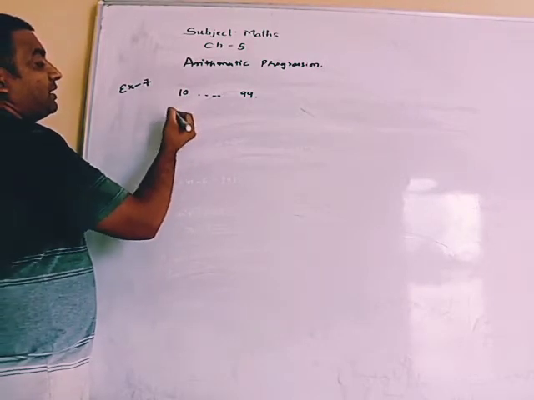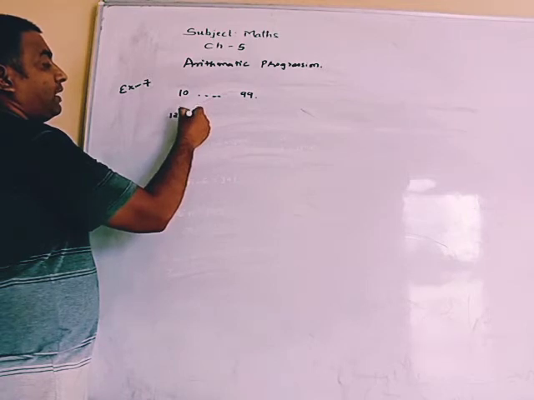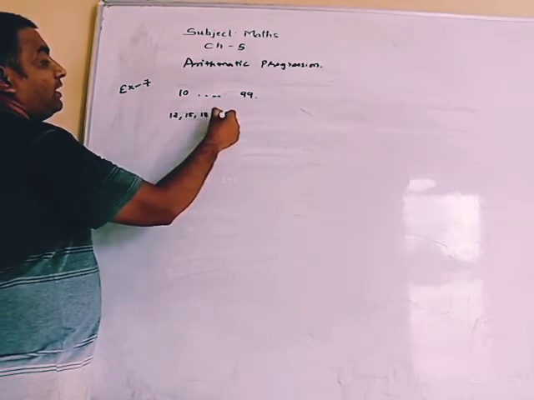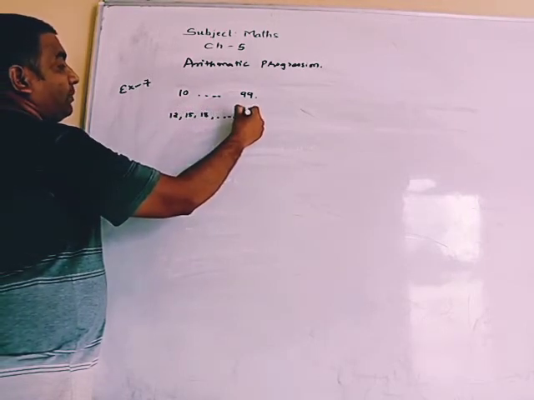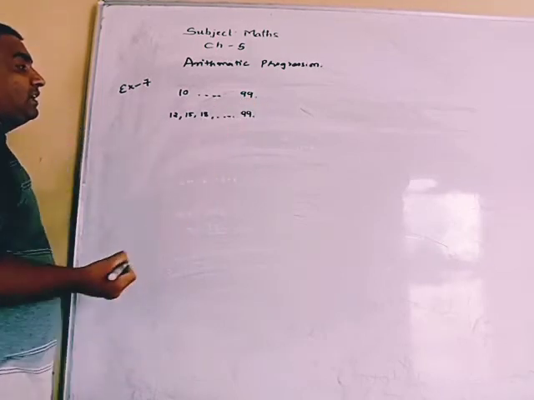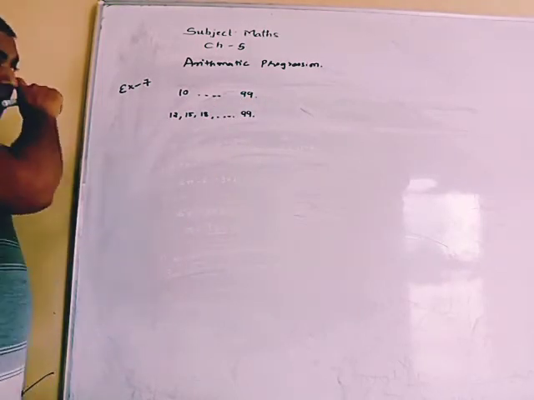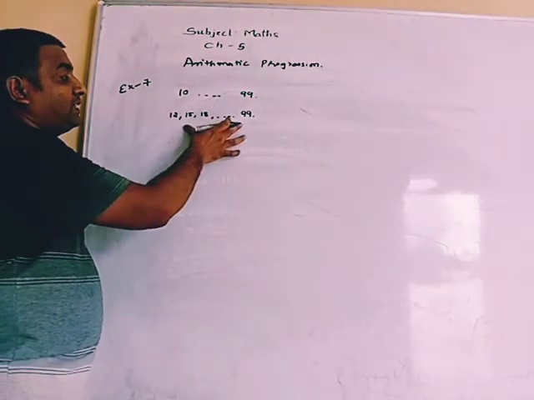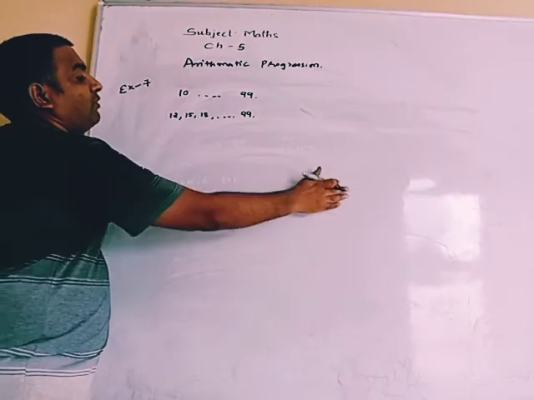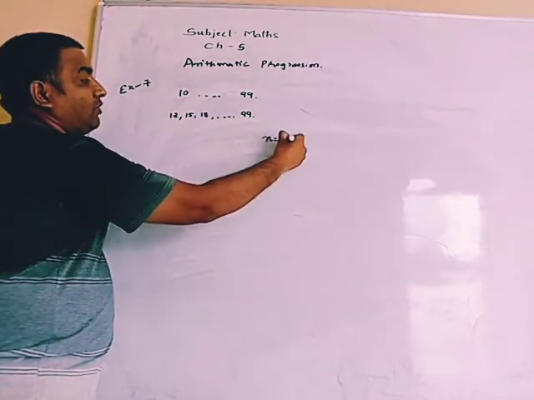We take the 3 table: 12, 15, 18, and in this way we get an AP, and the last term will be 99. They have asked how many terms are divisible by 3, so we have to calculate n.